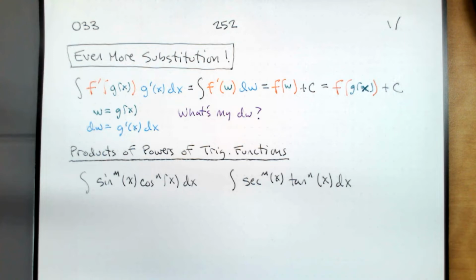That's right, fun. So what we want to do is think about how substitution works. If I make this substitution, w equals g of x, what do I need to be the dw? What other tools do I have, especially if I've got combinations of sines and cosines and secants and tangents?